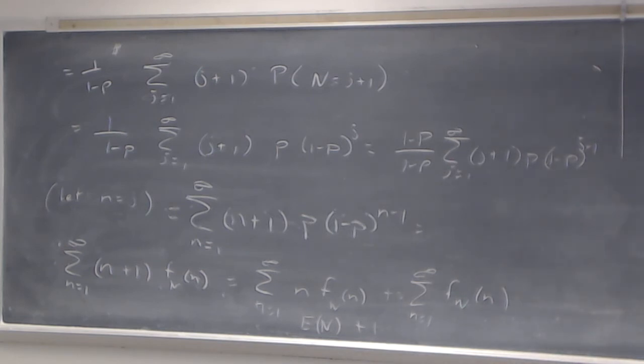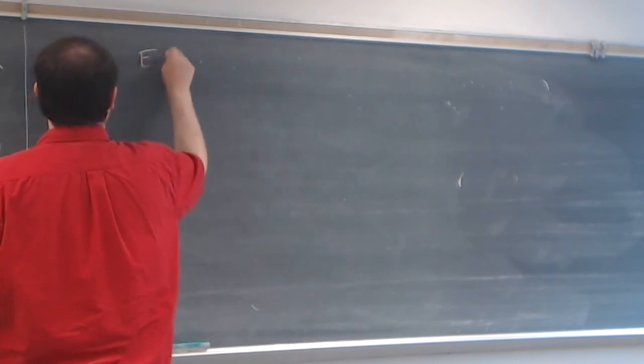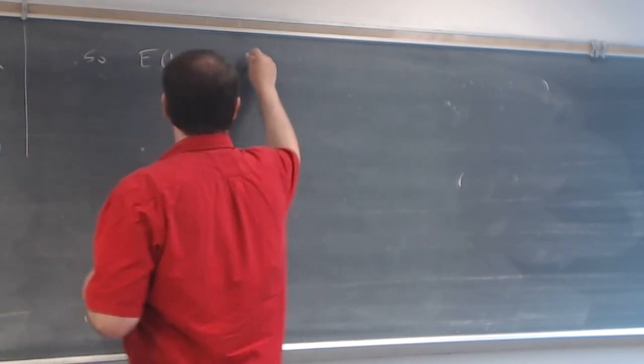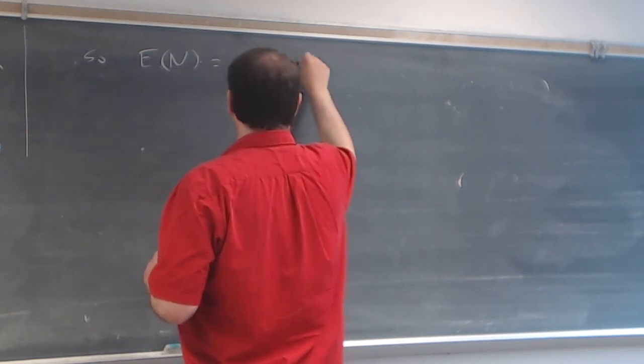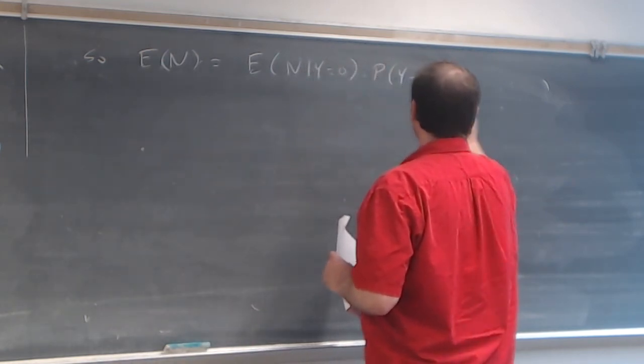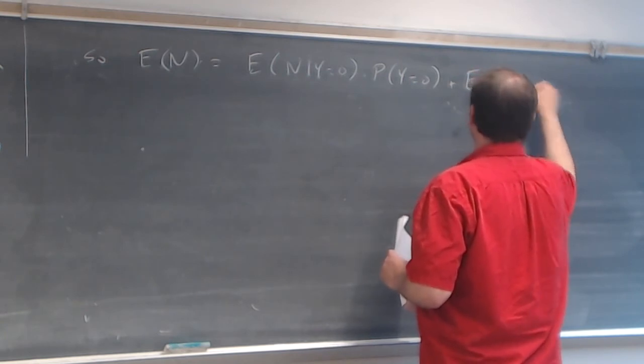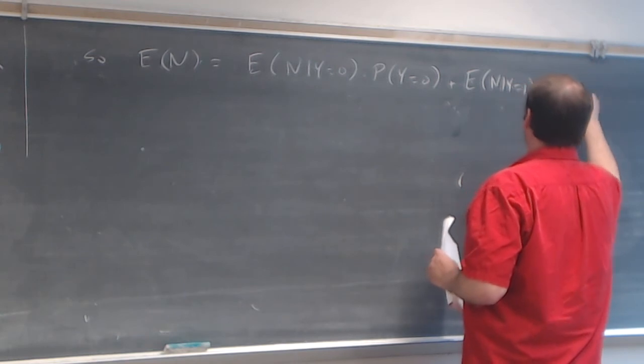Okay, so we're about to complete the problem. Remember, we're computing the expected value of the geometric random variable. And what we had was, the expected value of this geometric random variable is equal to the expected value of n given y equal to 0 times the probability of y equal to 0, plus the conditional expected value of n given y equal to 1 times the probability y equals 1.